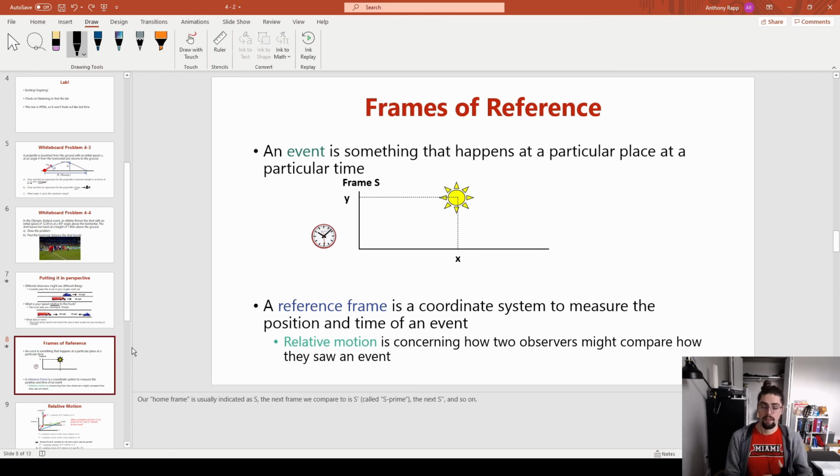That is to say, if two different observers, two different reference frames, see something happen at the same time, then the relative motion between the two is the transformations that we do to make sure that we agree that what we just saw happen was the same. Everything was all right.